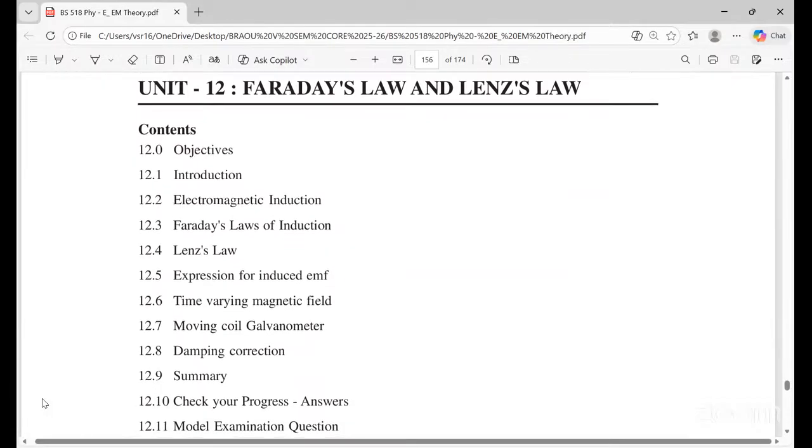Next, the last topic is Faraday's law and Lenz's law. Before discussing Faraday's law in integral form as well as differential form, we will first see what electromagnetic induction (EMI) is, and Faraday's laws of induction.